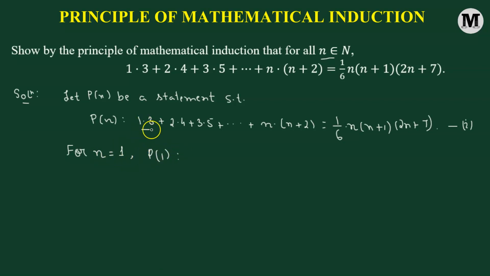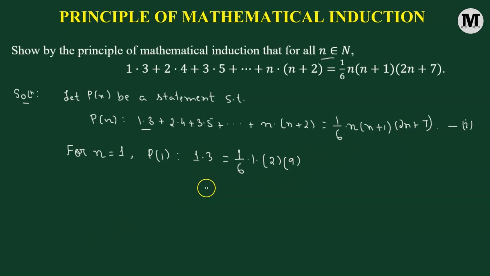P of 1 simply means take the first term of the given equation. So we have 1 times 3. This is going to be equal to 1 over 6 times n times n plus 1 times 2n plus 7. We're going to replace that n with 1. So we have 1 multiplied by 1 plus 1, so that's 2, multiplied by 2 plus 7, so that's going to be 9.